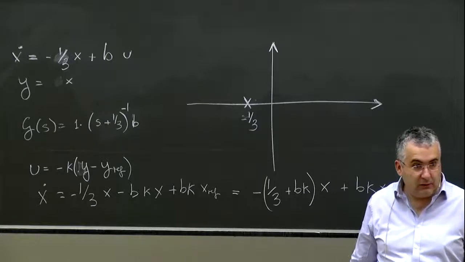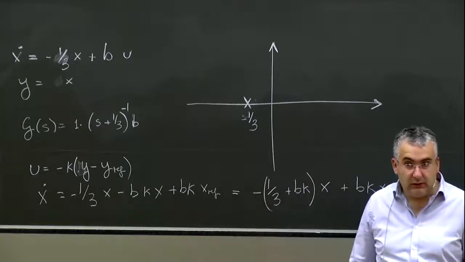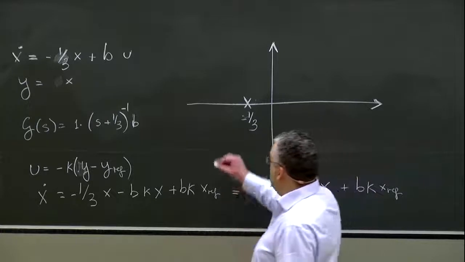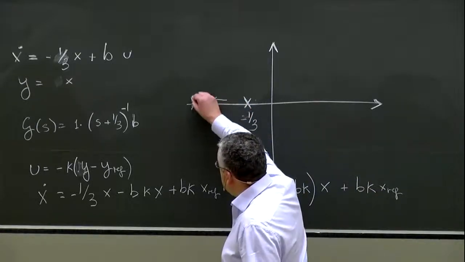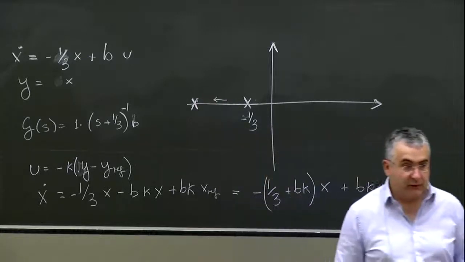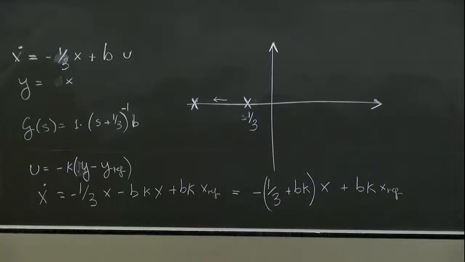It becomes more and more negative, right? Okay? So essentially, as you increase K, this will be the eigenvalue of your closed loop system, and it will move to the left, right? What does it mean in practice?